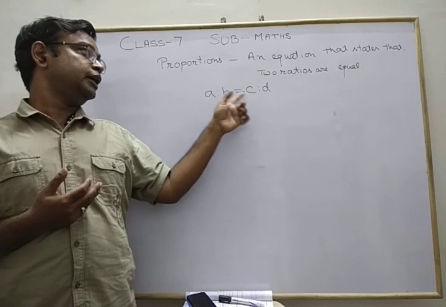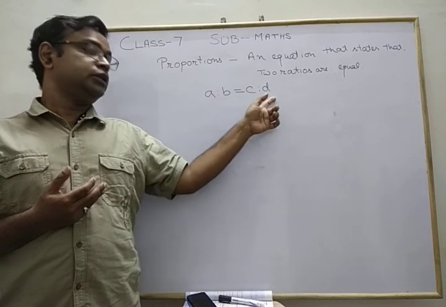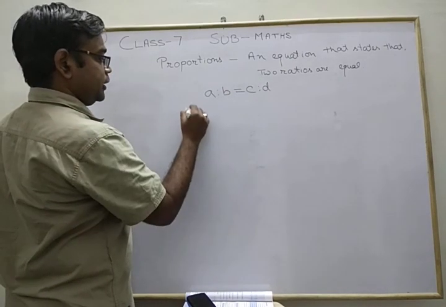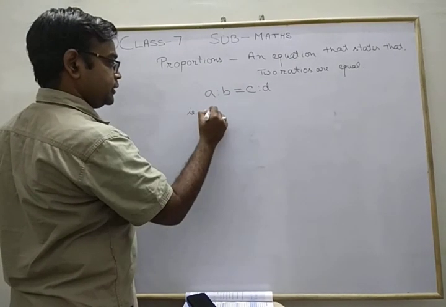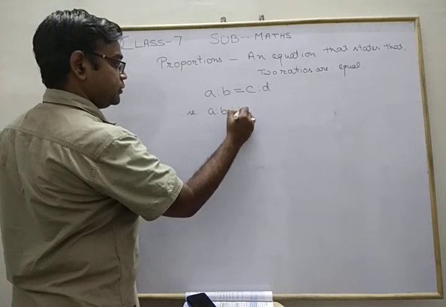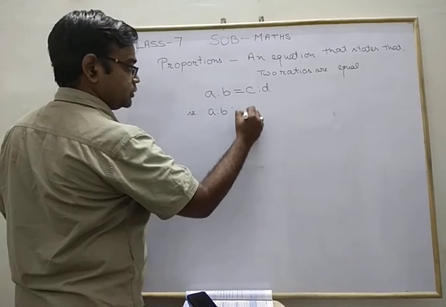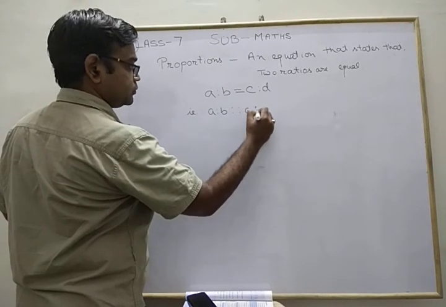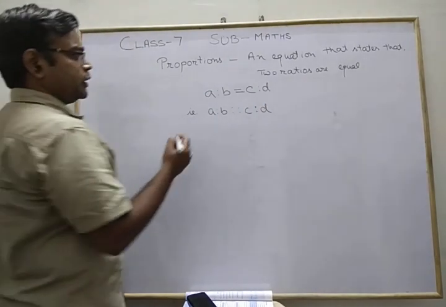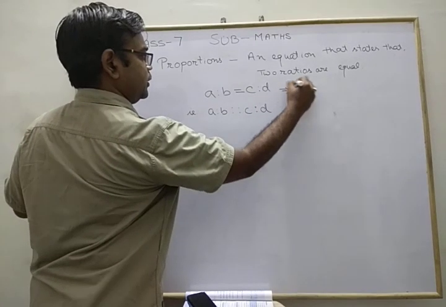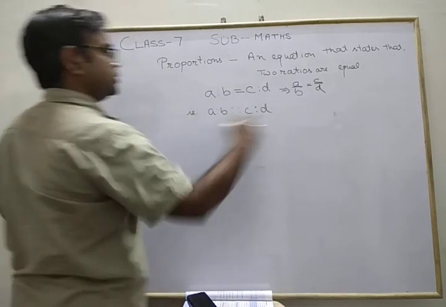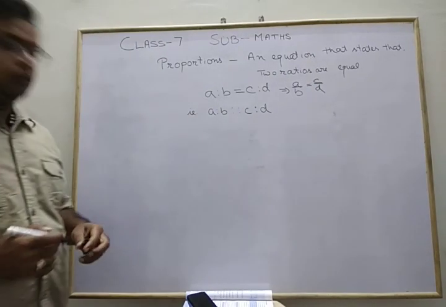We can write this as A ratio B, then we use the double ratio sign or double colon, C ratio D. This is your proportion. Or we can say that A upon B equals C upon D. This is the concept of proportion.